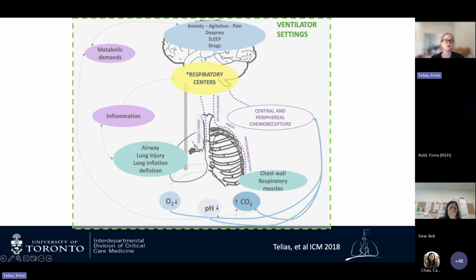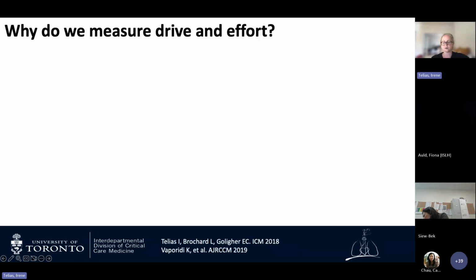And finally, and very important for our practical purposes, the things we modulate on the ventilator, so the tidal volume, the respiratory rate, the flow rates, and PEEP levels, for example, can modulate respiratory drive by modifying many of these parameters, okay? So that's a little bit of control of breathing 101.